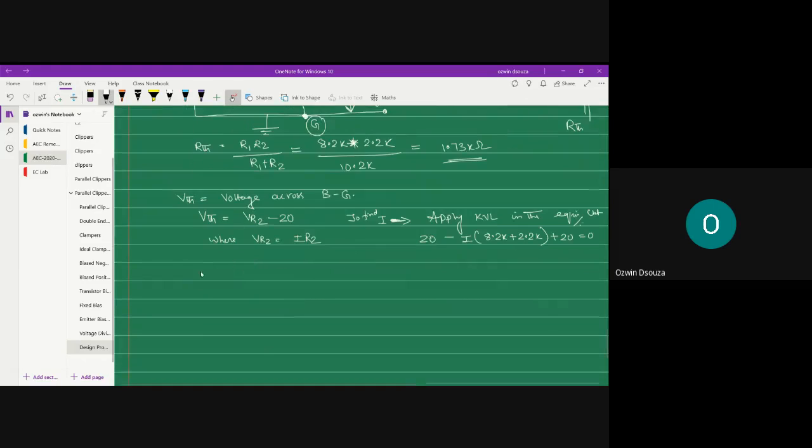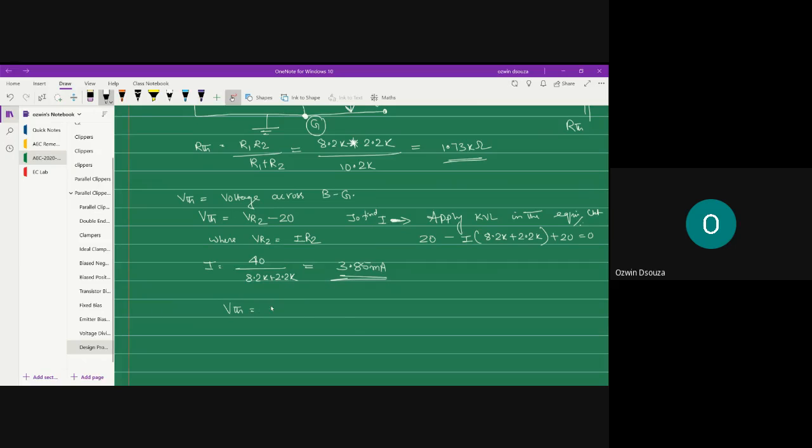So current I is basically 20 plus 20, 40, divided by 8.2K plus 2.2K. That gives the current value as 3.85 milliamperes.